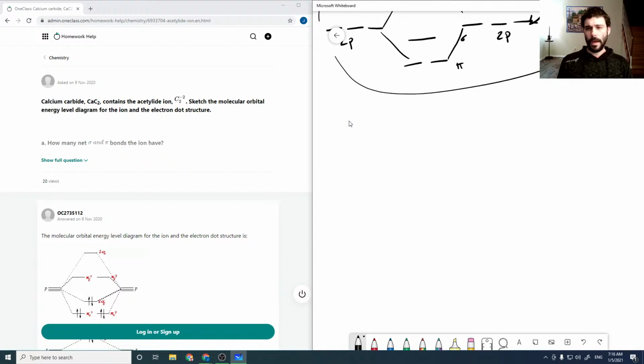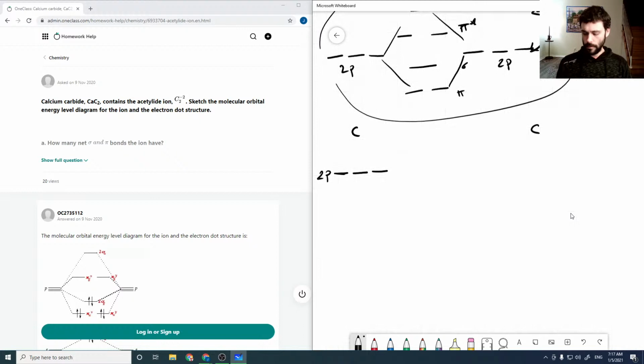So after that, now that that's taken care of, I'm just going to do the full MO diagram now. So for our carbon and our carbon, our 2p orbitals will be here, and our 2s will be here, not to mess up any of the spacings.